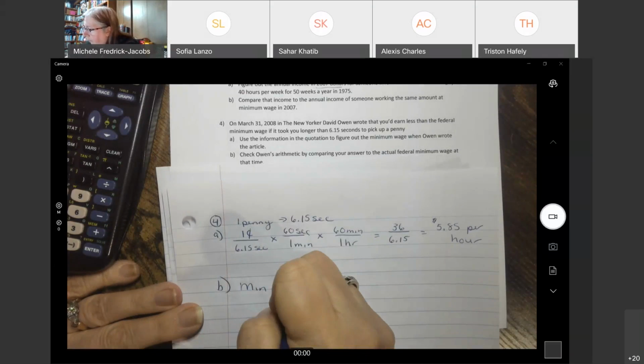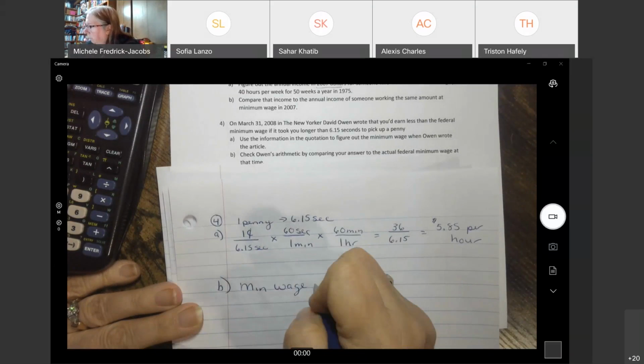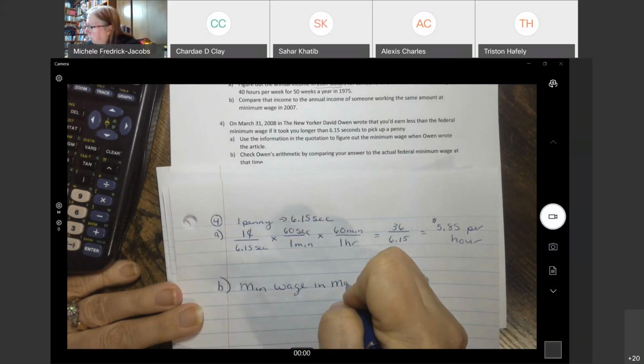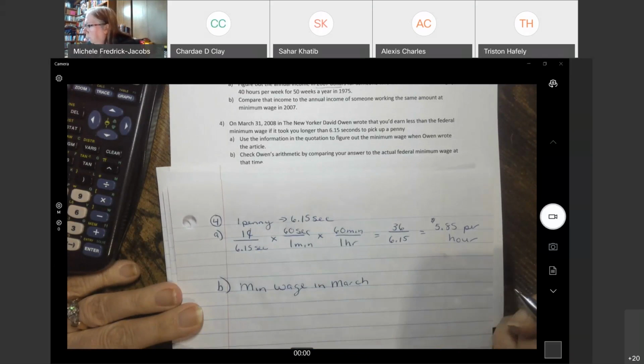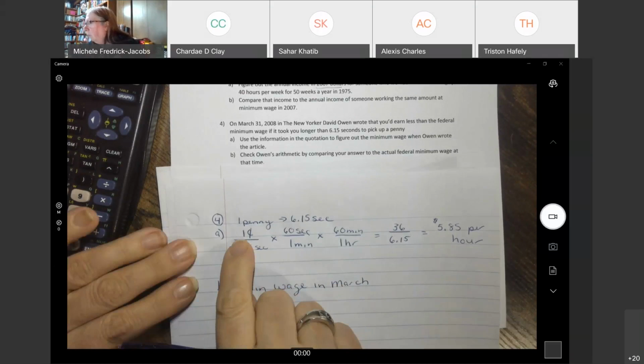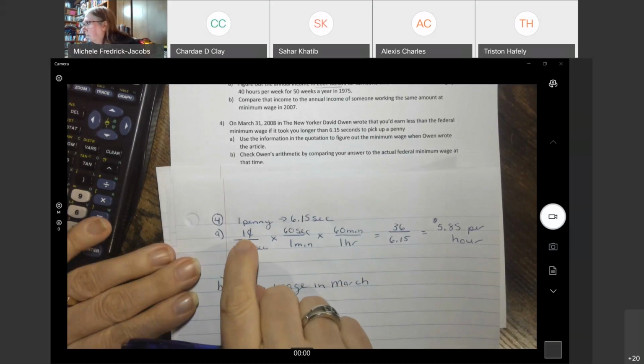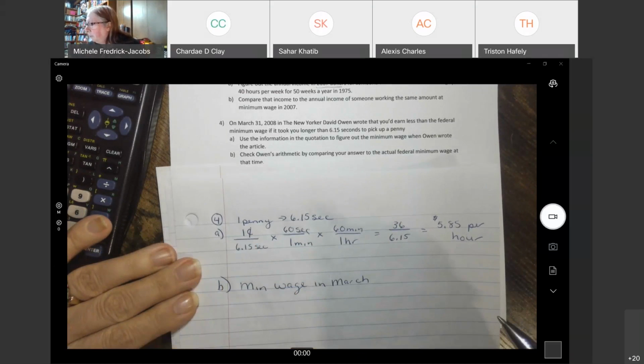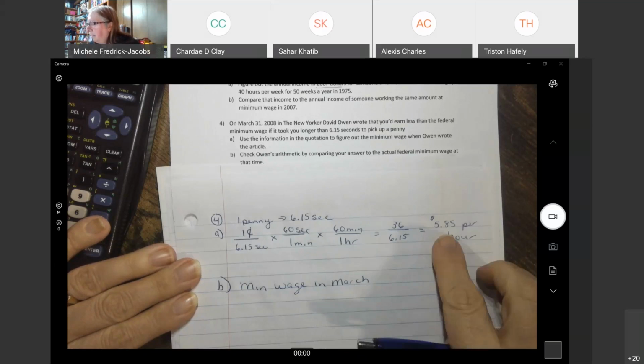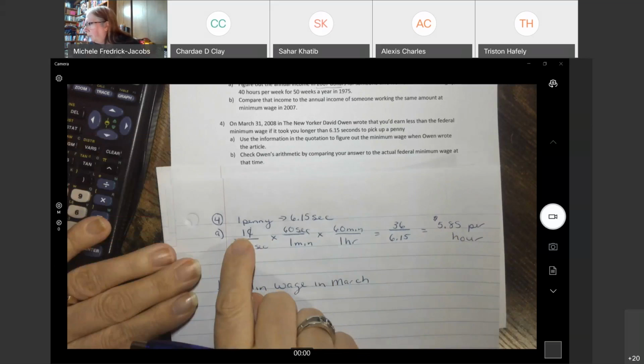I have a question. Why is it only 36 on the top instead of 3600? The penny. Oh, I guess I had made it dollars. When I multiplied it, I changed my penny to dollars.